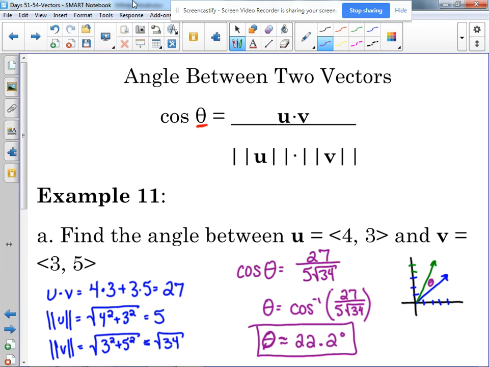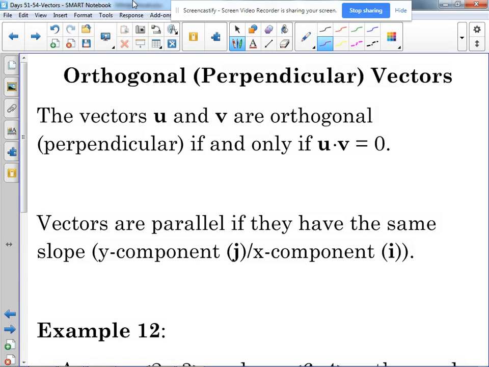We've got a fraction that has to equal 0. The only way a fraction will equal 0 is if the numerator equals 0, right? If the denominator equals 0, we're undefined. So the numerator has to equal 0. Well, what's in the numerator? The dot product. Okay, so that's why this is a true statement. They are orthogonal if and only if the dot product equals 0.